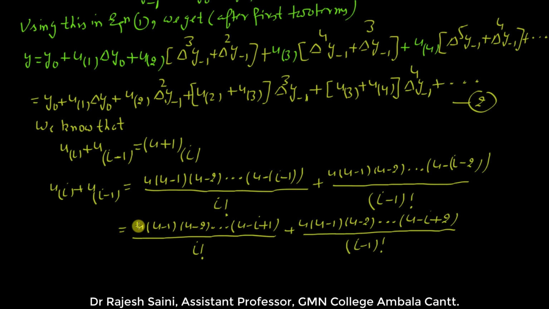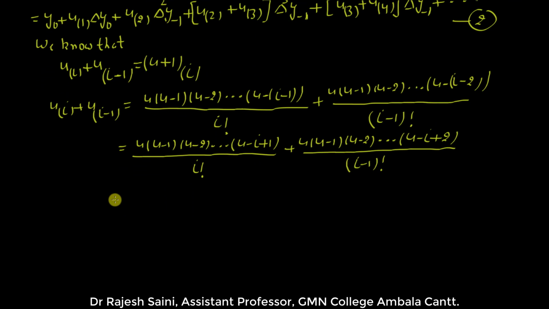Fine. Now you see this will be common, and the term preceding this one will be u minus I minus 2, this term. So if I write one more term over here, so this will make u minus 1, u minus 2, this is diminishing by 1, so this will be the term preceding this one.